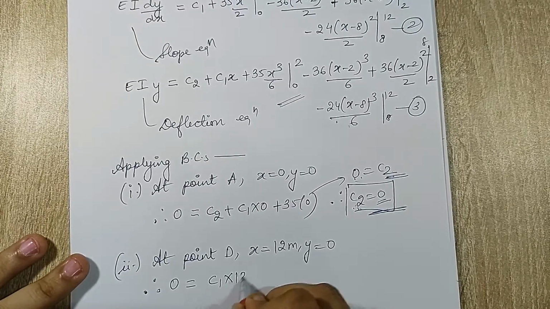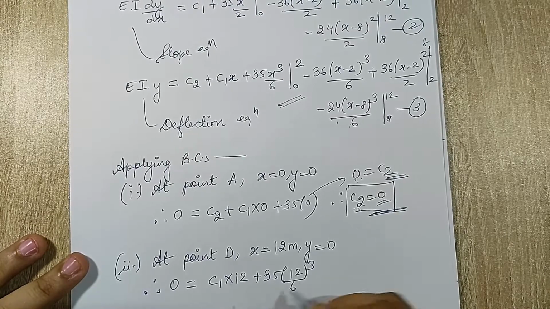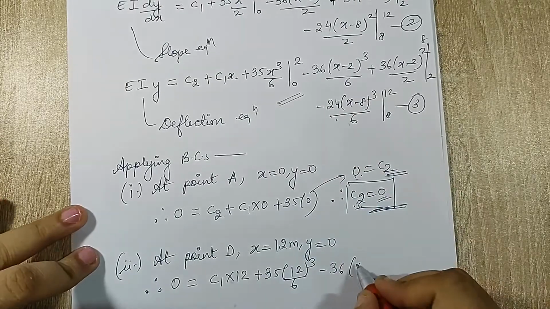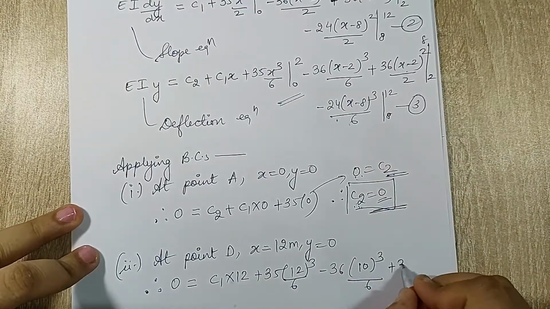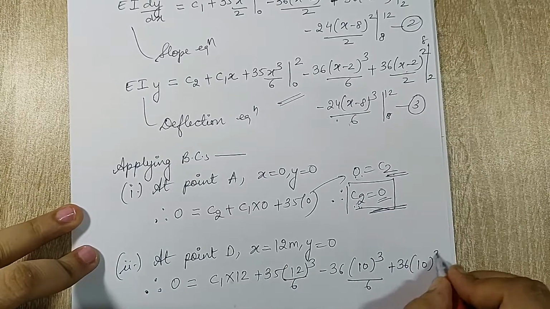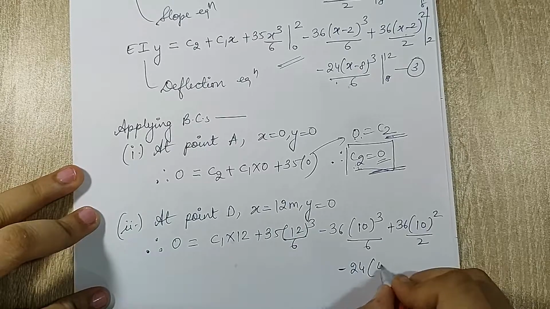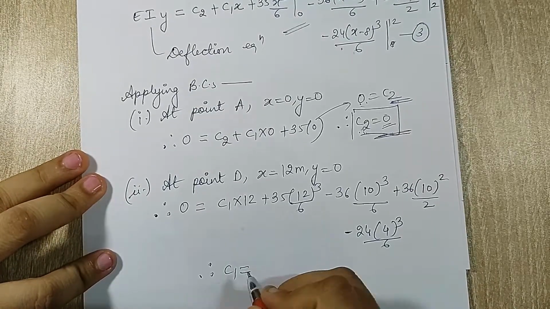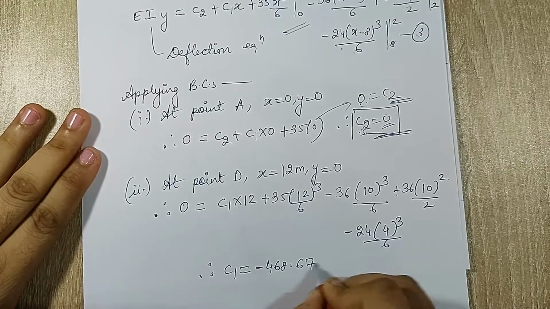I will have C1 into 12 plus 35 into 12 cube by 6 minus 36 into (12 minus 2) is 10, so I have 10 raised to 3 upon 6. Here I'll have plus 36 into 10 square by 2, and last term will become minus 24 into 4 cube upon 6. When I solve this, I get the value of C1 as minus 468.67.